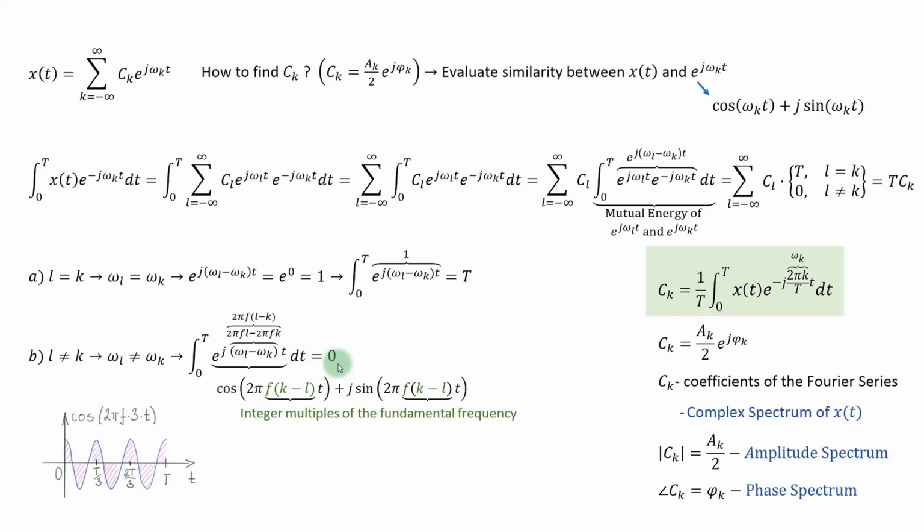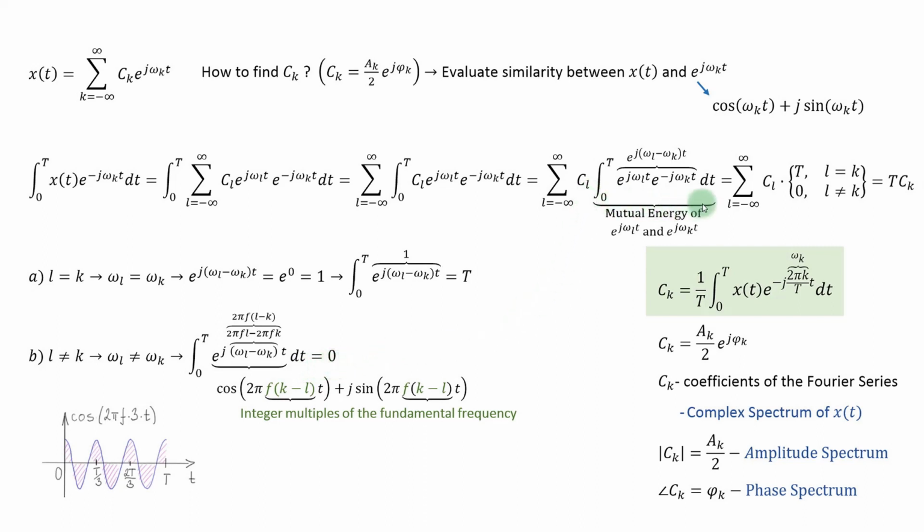And this is going to hold for every integer multiple of the fundamental frequency, for both cosine and sine. The only exception would be when k is equal to L, but that is not the case which we are dealing with here. So as long as L is different from k, this integral will always be equal to 0.